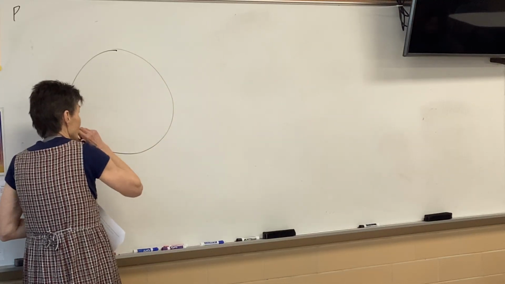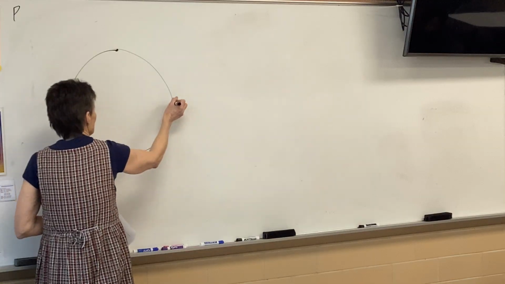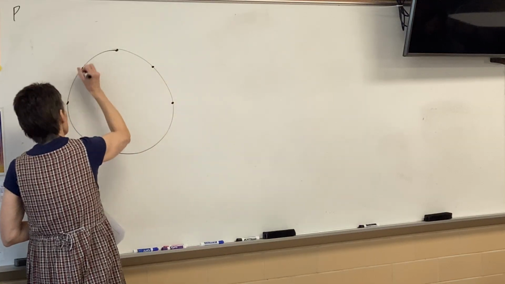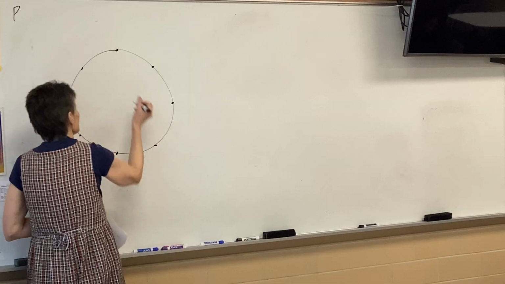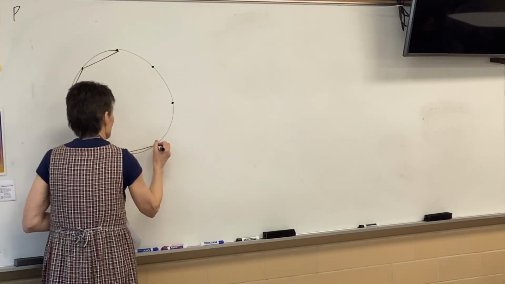Octagon means how many? 8. So 1, 2, 3, 4, 5, 6, 7, 8.